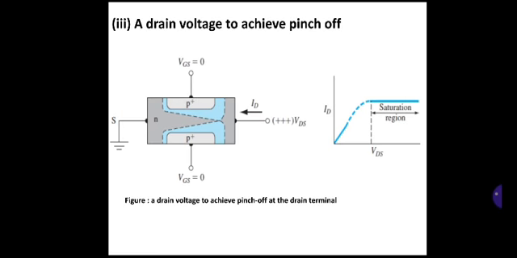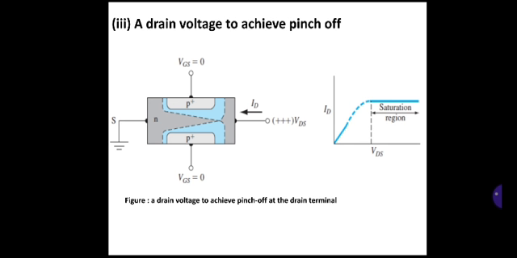Now we'll see the third case, a drain voltage to achieve pinch off. We have already discussed what pinch off is, but in this case, after increasing the drain voltage more and more towards the positive side, what happens? This figure shows a drain voltage to achieve pinch off at the drain terminal.